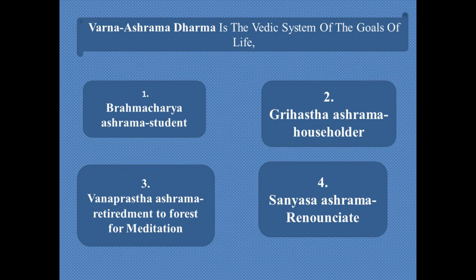Second one is the Grihastha Ashrama. After acquiring the knowledge, a man establishes himself in a job. After acquiring the job and making his career, he can get into the life of a householder, that is, getting married and becoming a married person.